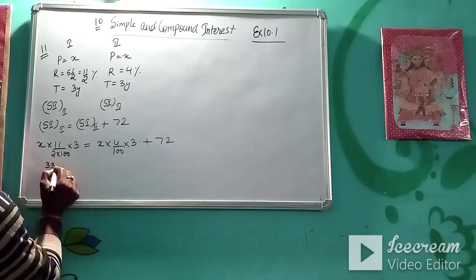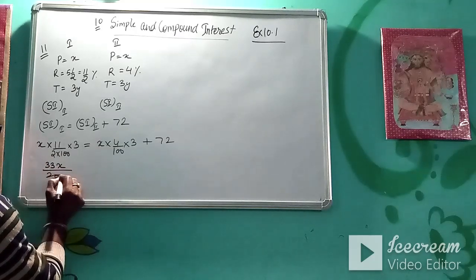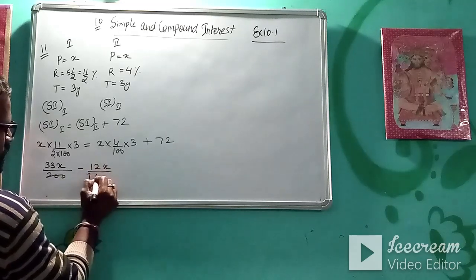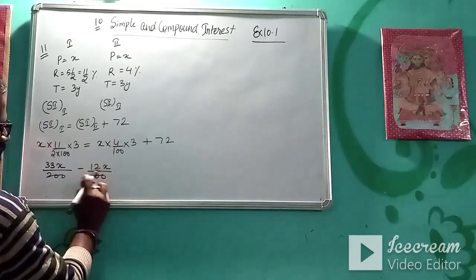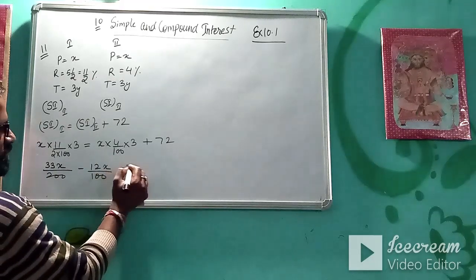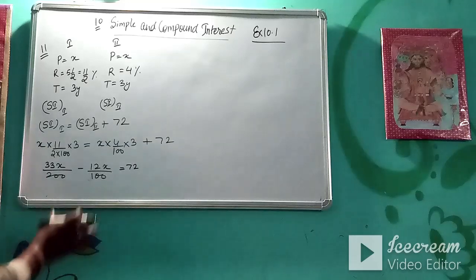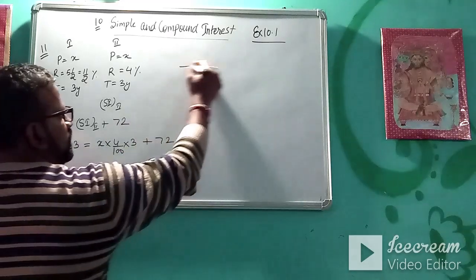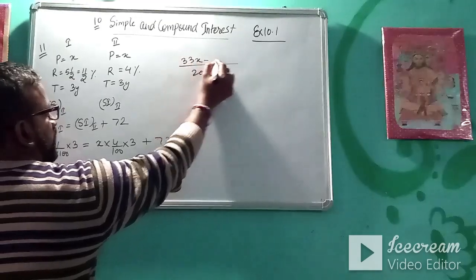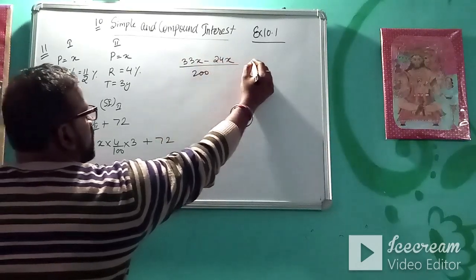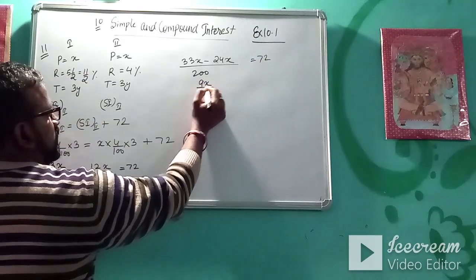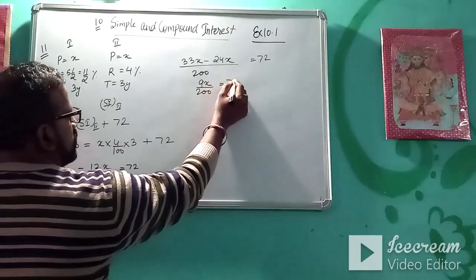So it is 33x upon 200, and this we bring here, 12x upon 100, equal to 72. Now we will take the LCM of this. So LCM will be 200. So it is 33x minus 24x equal to 72, that is 9x upon 200 equal to 72.